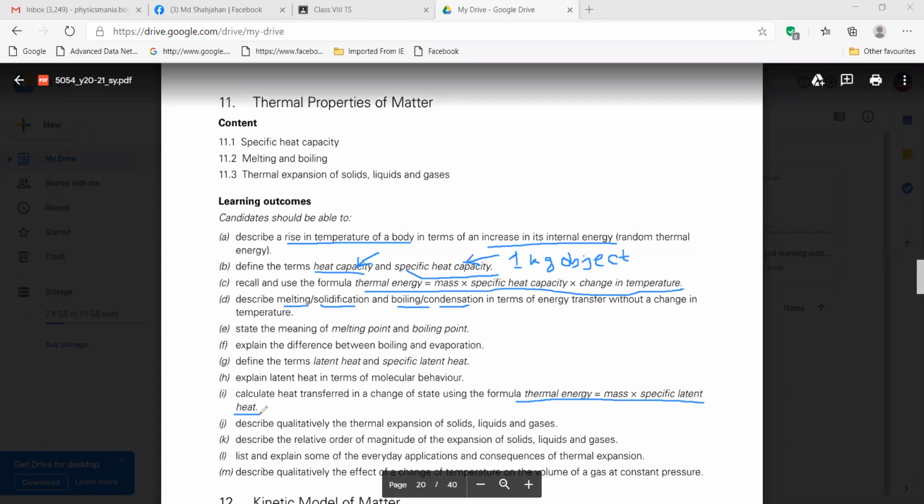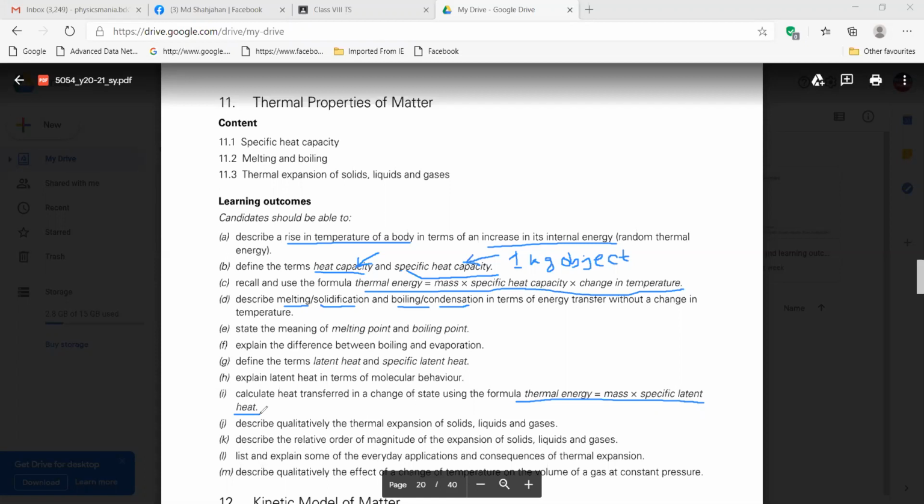So without any temperature change, only the state change, right? Latent means hidden heat. We observe from outside that the temperature is the same, but it is still taking heat energy. That's why it is called latent heat, and it's changing the state.